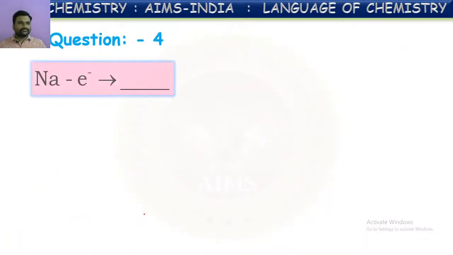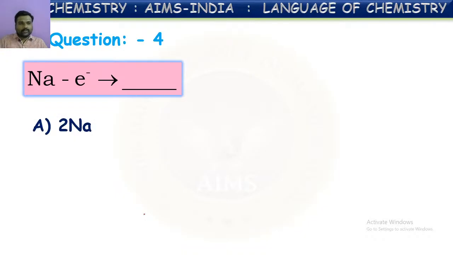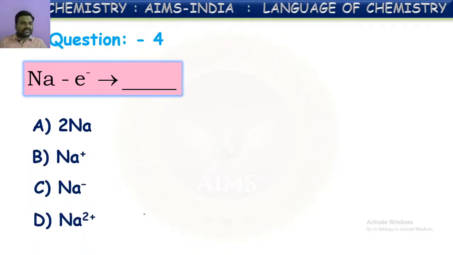One more question here. Can you fill the blank given? Sodium minus one electron gives blank. Which will be the suitable option to fill in the blank? Is it 2Na, Na+, Na-, or Na2+?